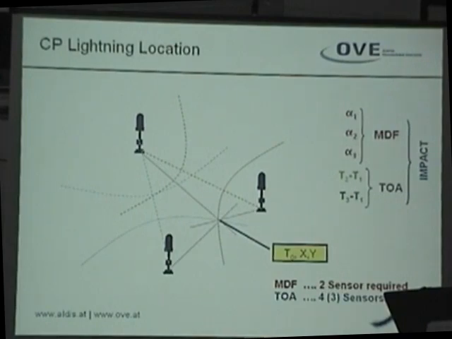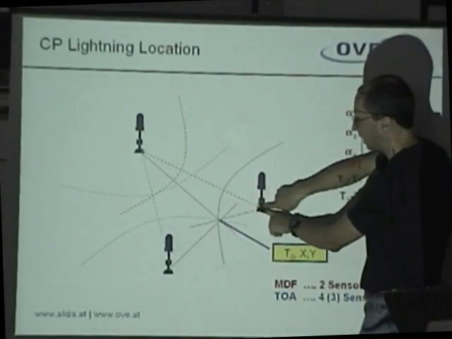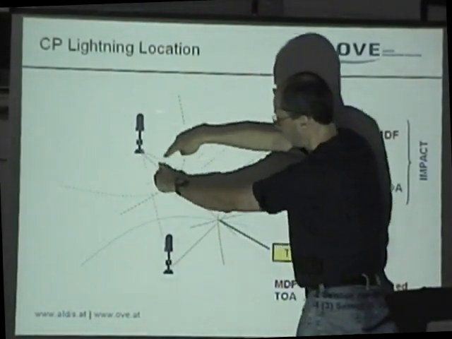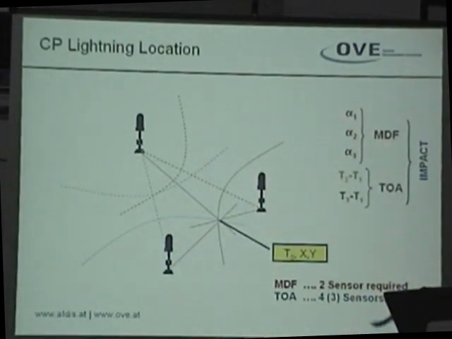If the lightning position is somewhere in between the sensors, for example with plus minus 5 degrees in this direction and plus minus 5 degrees in this direction, it won't compute any position because the position has a bad accuracy. So for those cases close to the baseline, you would also need 3 sensors.